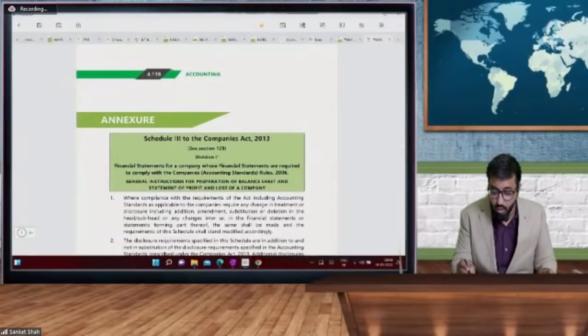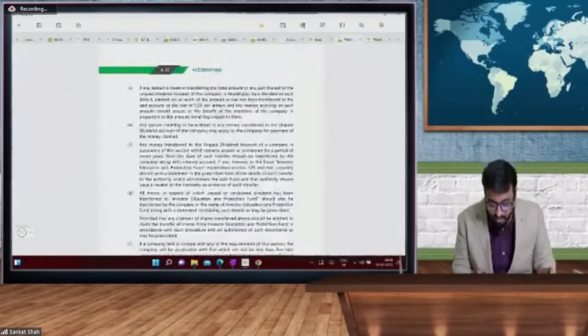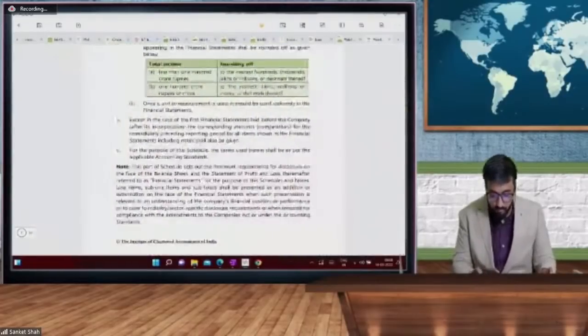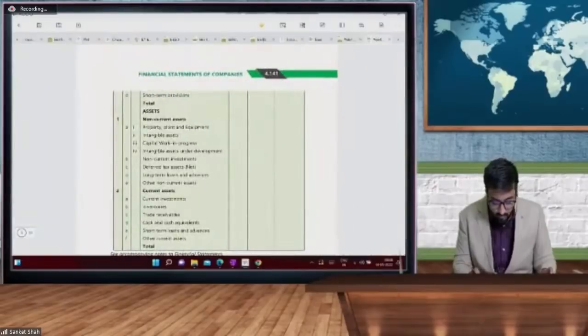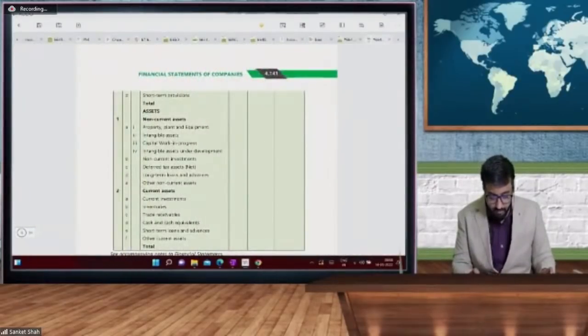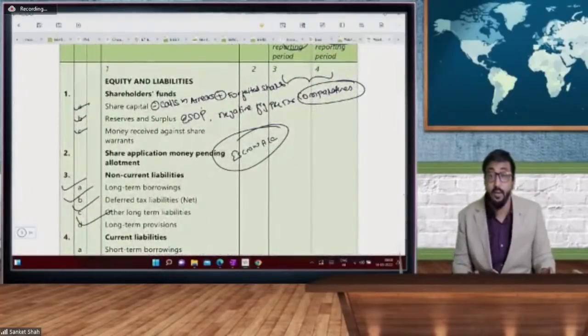Just want to tell you, you have to categorize. How many of you can recollect the pro forma? Equity and liabilities, now you can check here this pro forma. Every one of you, just check.